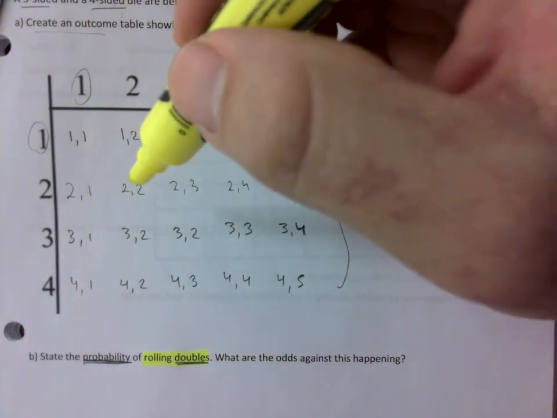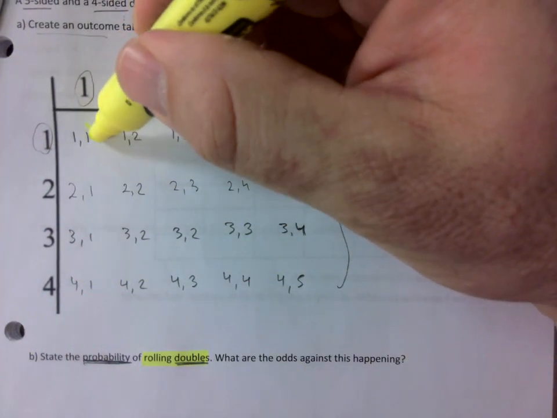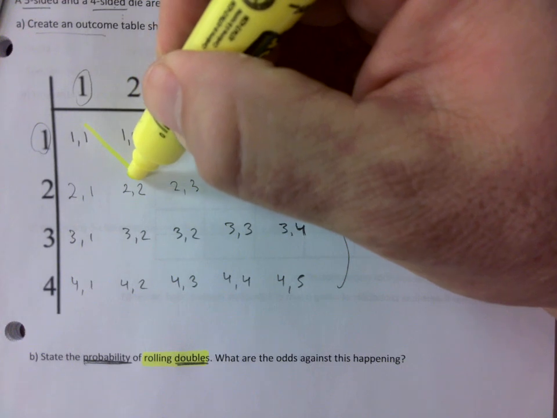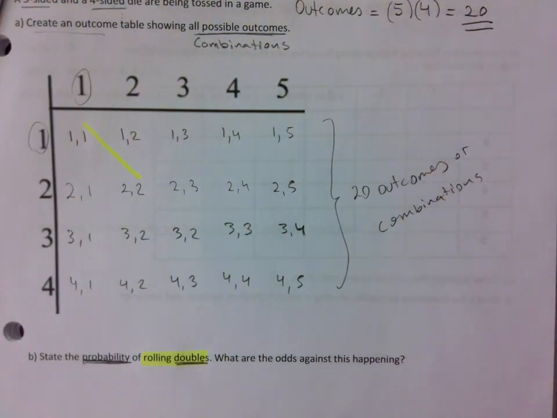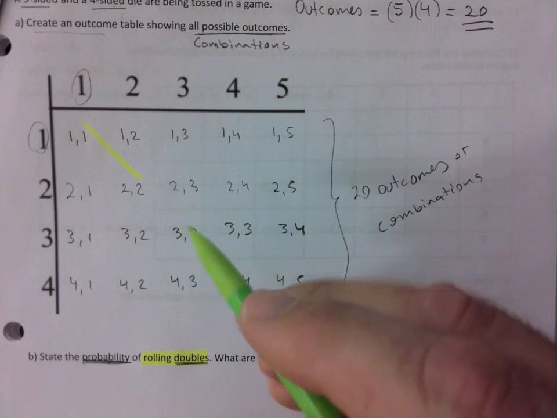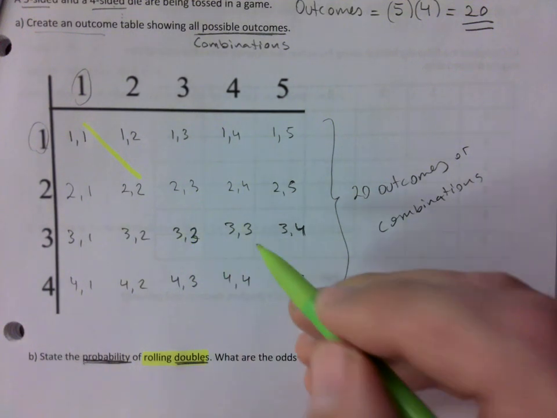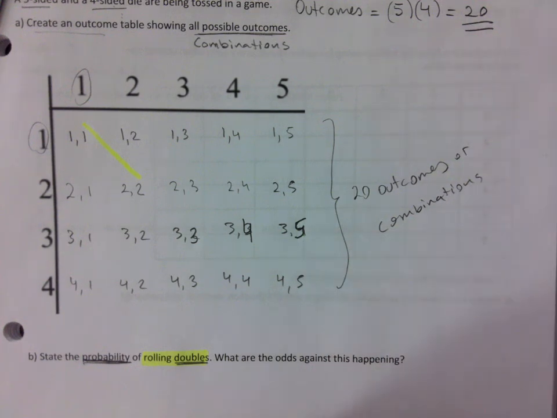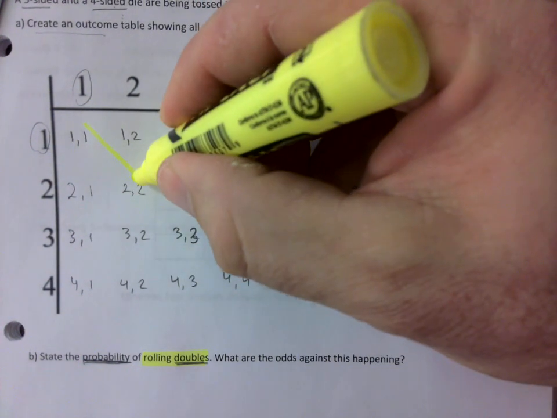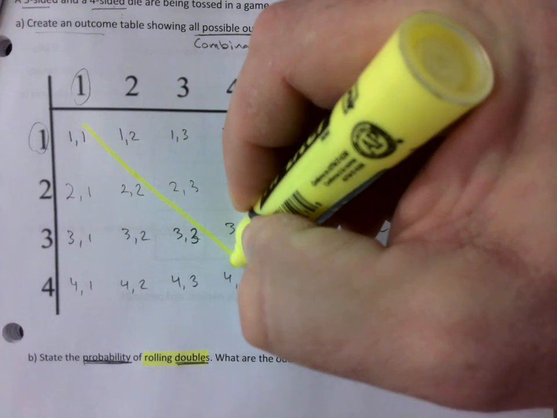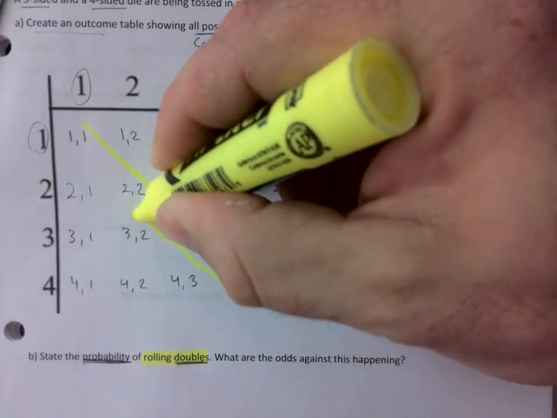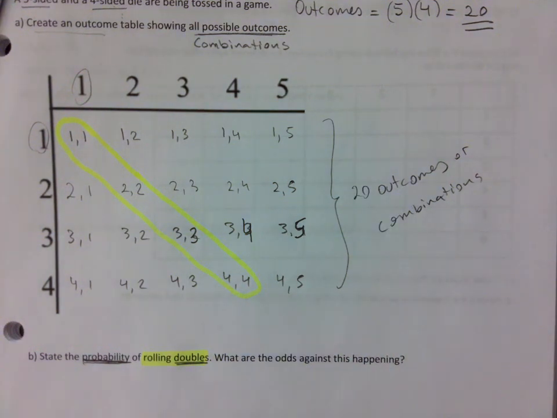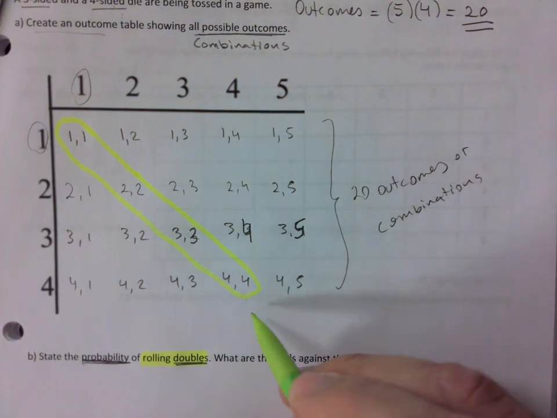And your doubles are right here, 1 and 1, 2 and 2. Oh, I made a mistake. Did you see that? 3, 1, 3, 2, 3, 3, 3, 4, 3, 5. My bad. You will see a diagonal pattern here going this way, or it could go the other way. You'll see that there's a pattern. So these are my doubles.